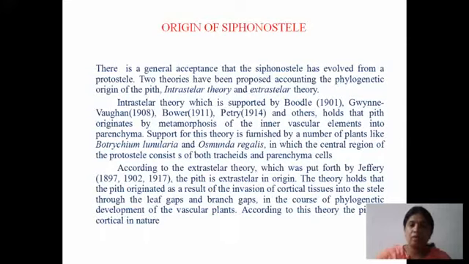Support for this theory is furnished by a number of plants like Botrychium lunaria and Osmunda regalis, in which the central region of the protostele consists of both tracheids and parenchyma cells.